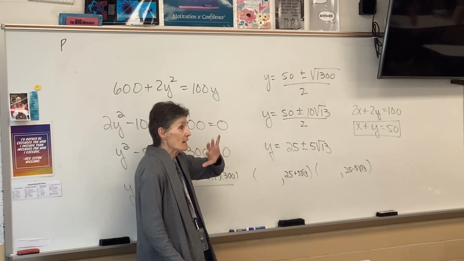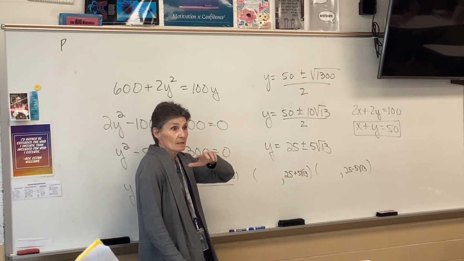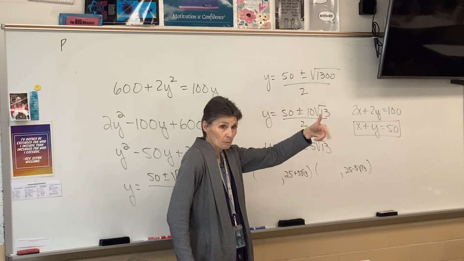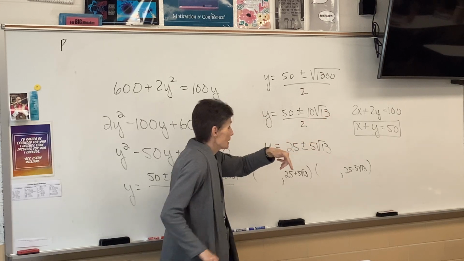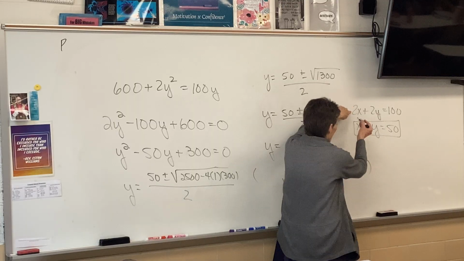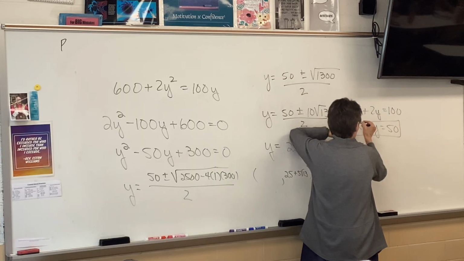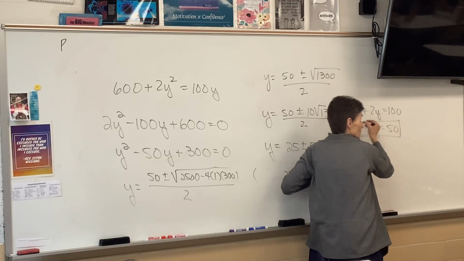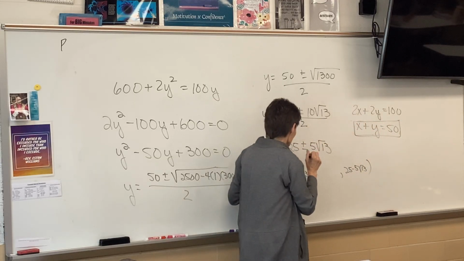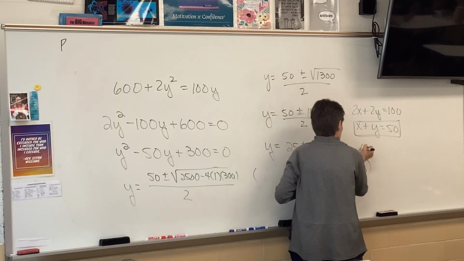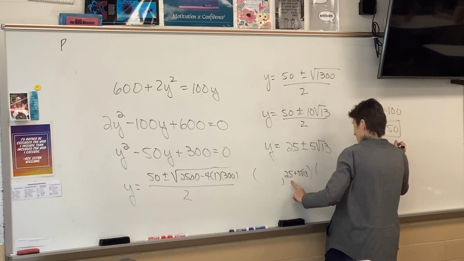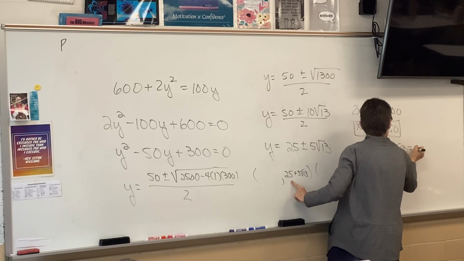Now, how do I get my x's? Once I have my y's, I get my x's by plugging back in. And I'm gonna plug them back in this equation, which I divided everything by 2, and I got it looking like this now. Right? So, x plus 25 plus 5 root 13 equals 50.